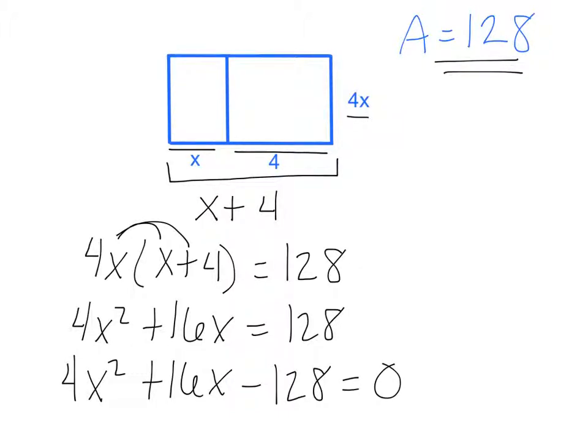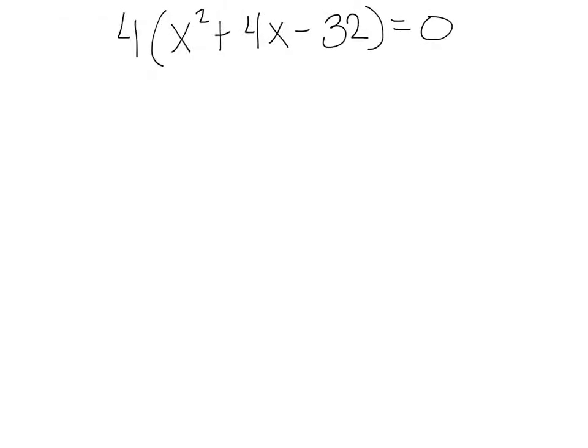Okay, so I need to take out my GCF, which is a 4. If I take out a 4, I get x squared plus 4x minus 32 equals 0. Now I need to factor that middle part.